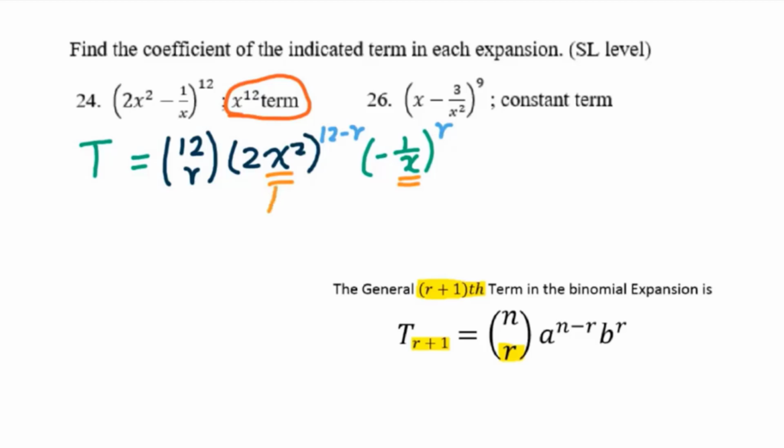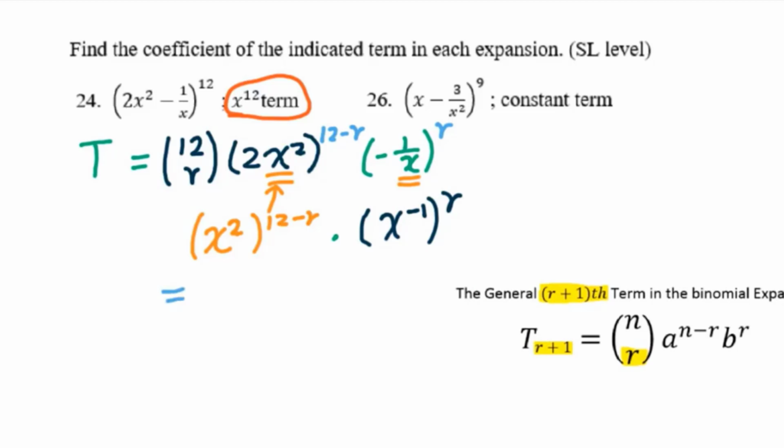We got from here, that is x to the 2nd power, then do 12 minus r's power. Then times this part, we got 1 over x, that means x to the negative first power, then to the r's power.